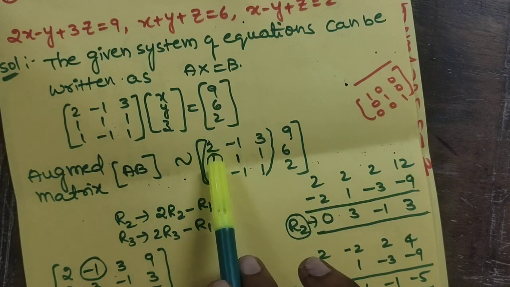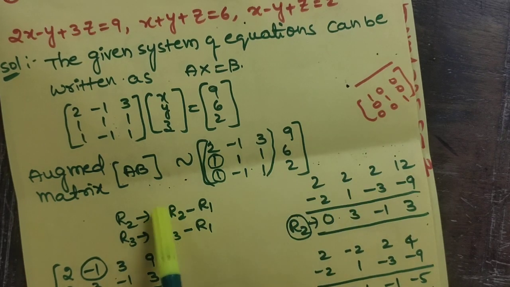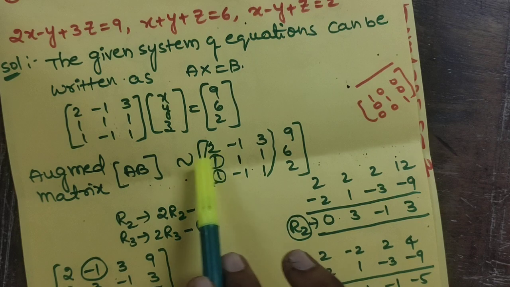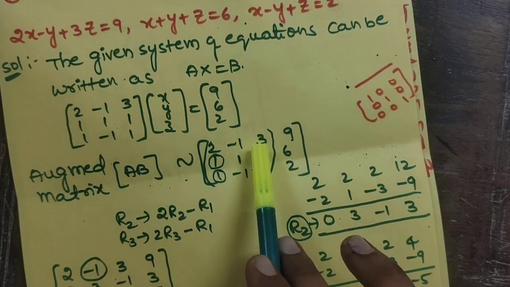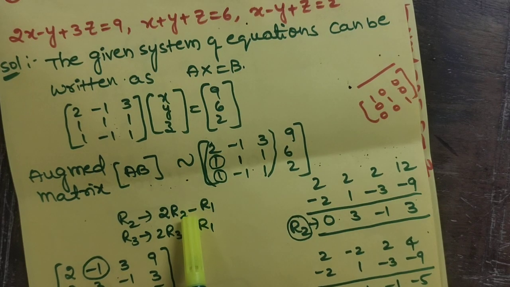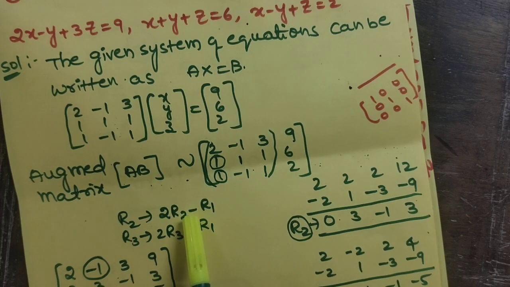Here, 2 ones are 2, and 2 ones are 2, again 2 ones are 2, 2 sixes are 12. Minus R1. What are the elements we have in R1? 2, minus 1, 3 and 9. But it is multiplying with minus, so each and every element of R1 is multiplying with minus.